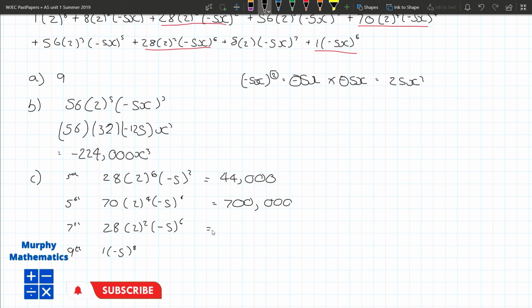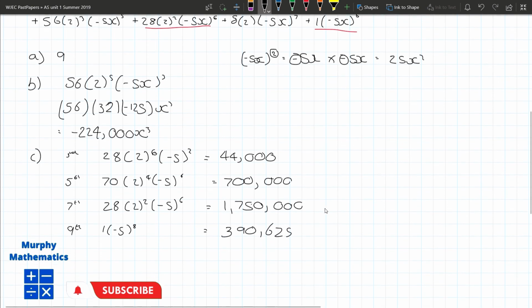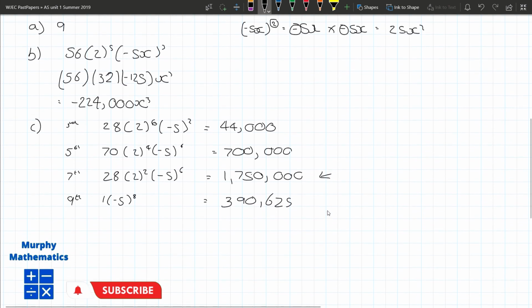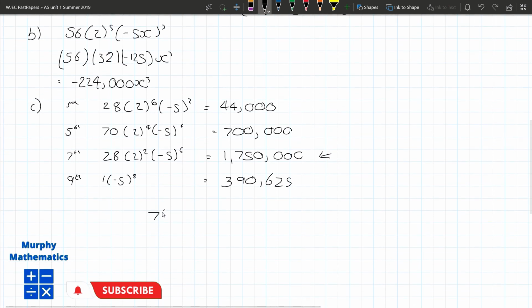That is 1,750,000. Then my last one is 5 to the power 8, which is 390,625. So I know my largest positive coefficient is this one. That's my 7th term, which equals 1,750,000.